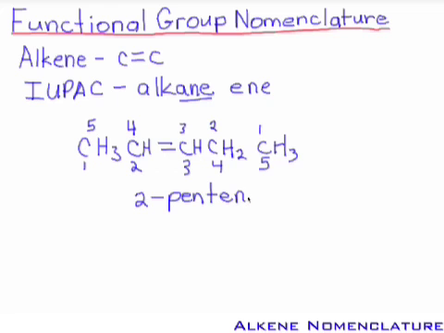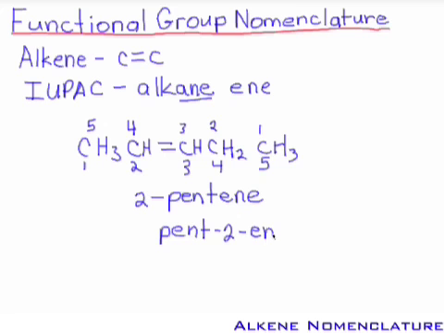After 1993, IUPAC favored an alternative name. Now, this alternative name was acceptable prior to 1993, and you actually had a choice. You could put the 2 outside the pentene, or you could move it in near the functional group, and you'd say pent-2-ene.